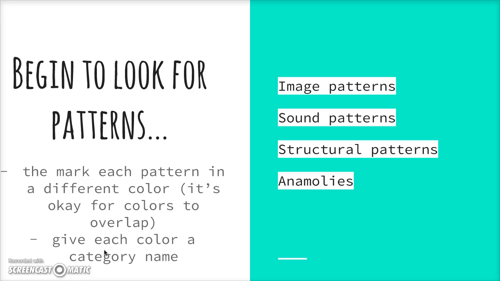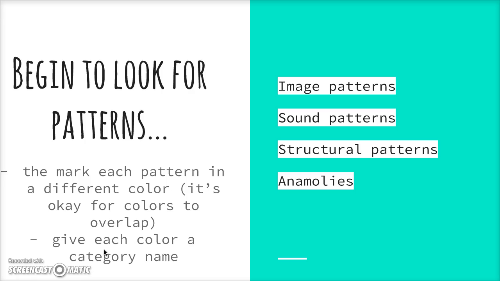Step 2 is to begin to look for patterns. Now, right now, you're not really having an interpretation yet. You are not looking for specific things. You just want your eyes to go over the patterns of the words on the page and start to identify some of them.